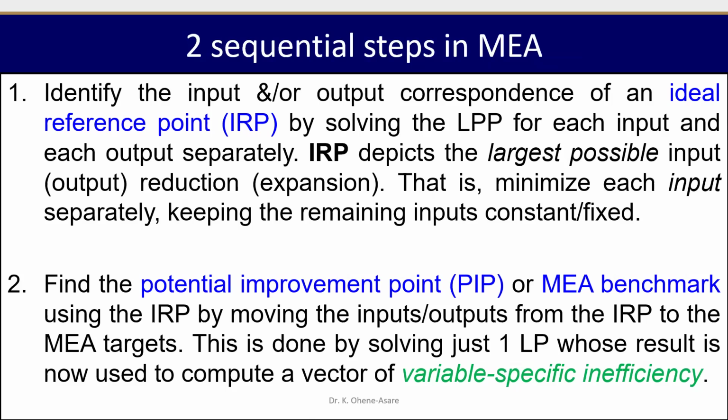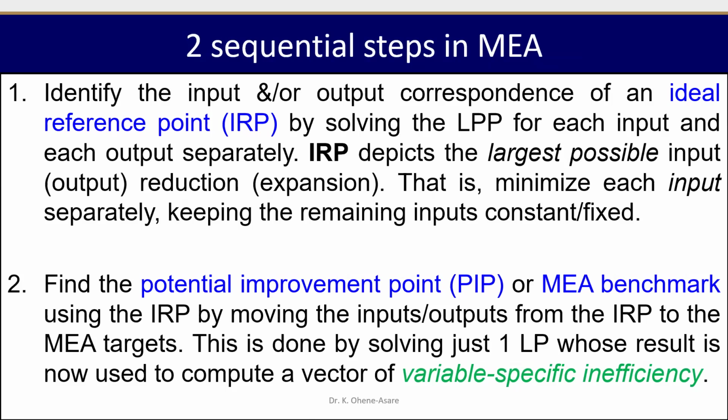Okay, Doc. So when you pick an input, guys, ask her questions too. Yeah, go ahead. So for the ideal reference point, for each input, you are able to. By the way, why is it called ideal reference point? Because it is the ideal point that you would prefer.